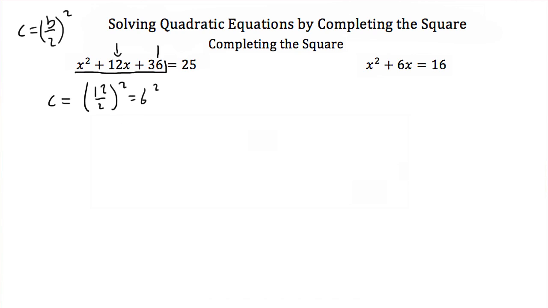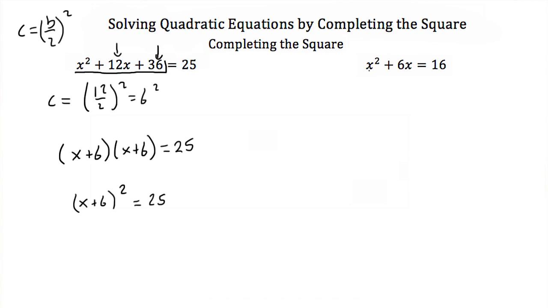Well, 6 squared is 36. So because this left-hand side is a perfect square trinomial, I can factor it into x plus 6 times x plus 6. And this is still equal to 25. Or I can call this x plus 6 squared is equal to 25. So I've factored this left-hand side just because I know it's a perfect square trinomial.